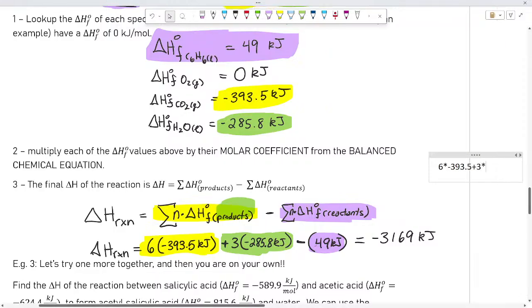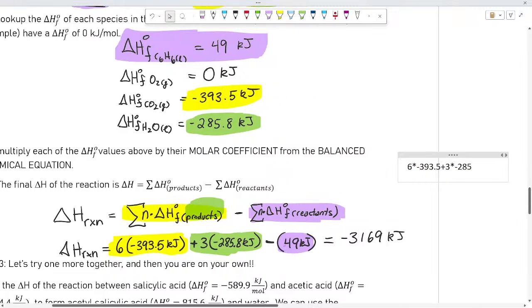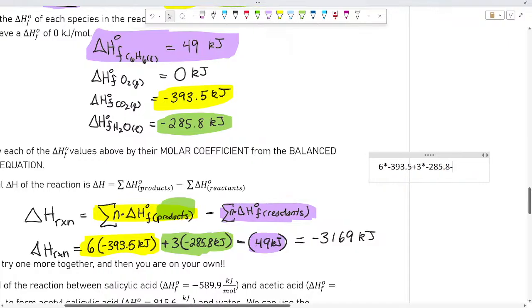Plus 3 times negative 285.8, right? And then minus 49. It should be like adding 49 in the end because you're multiplying 49 with negative 1, so it would be negative 49 instead of positive 49, no? Either way, if you want to say plus negative 49, that's fine. Or if you want to say minus 49, those are functionally the same thing.